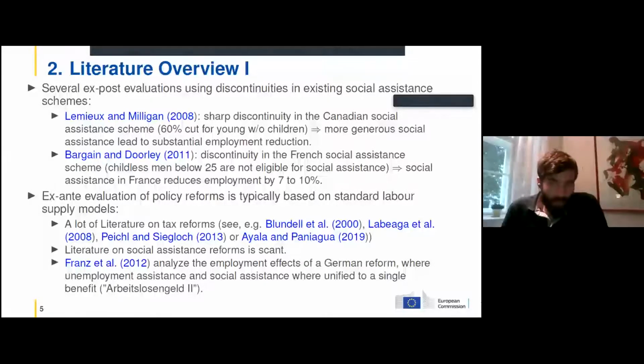So they're related to tax reforms and labor supply responses. However, for social assistance, there's not much out so far related to ex ante evaluations.